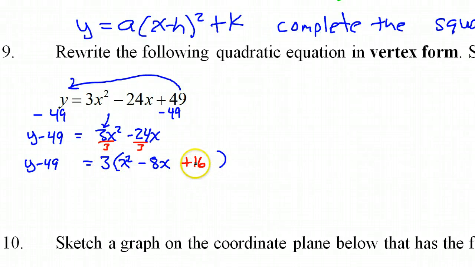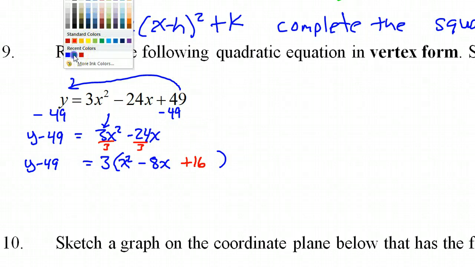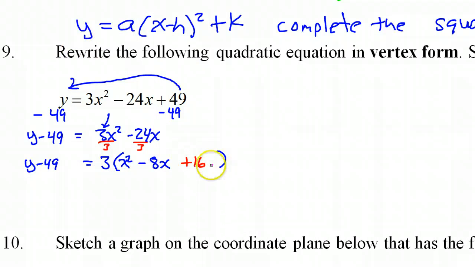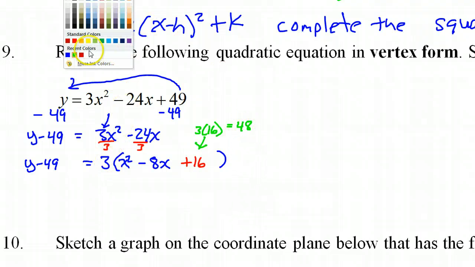This looks like a 16, but what's going on here is 3 times 16. Imagine doing the distributive property. Right here I would have 3 times 16, which is 48. So this thing that looks like a 16 is really a 48 because of the distributive property.